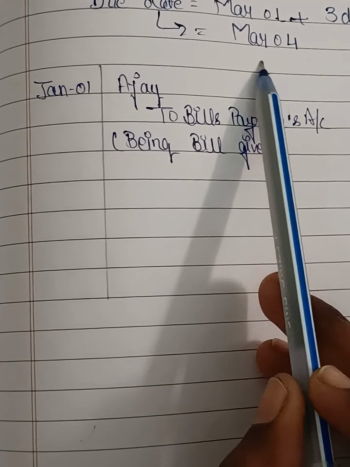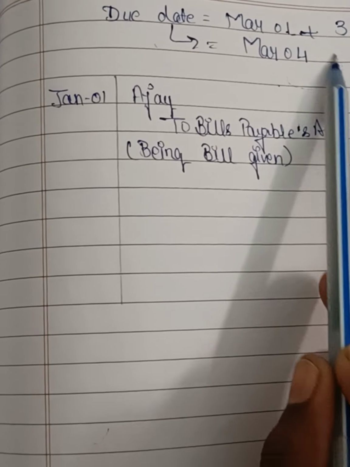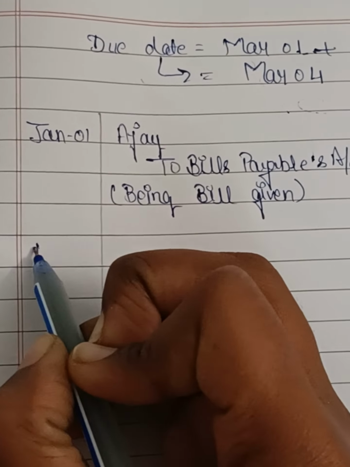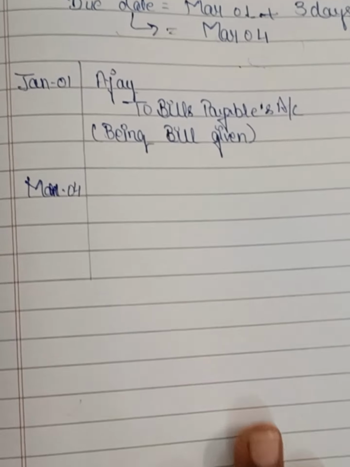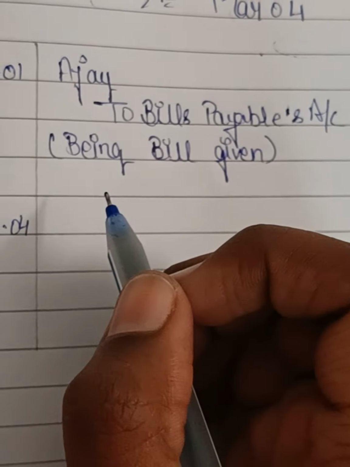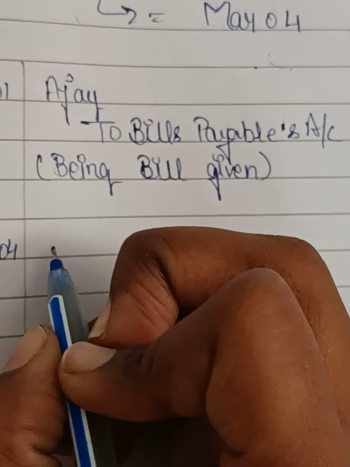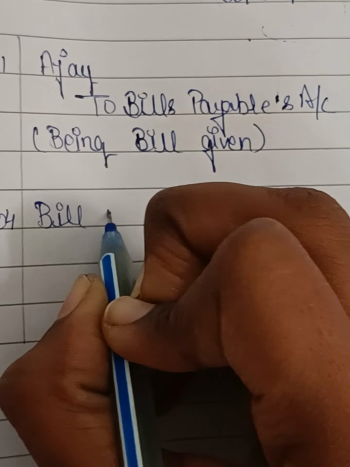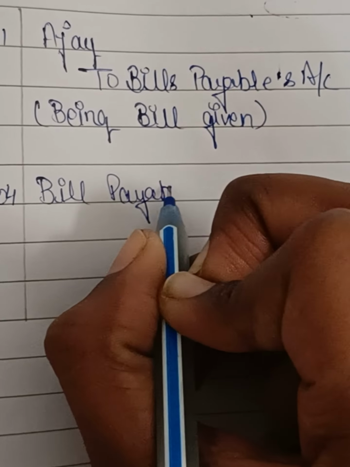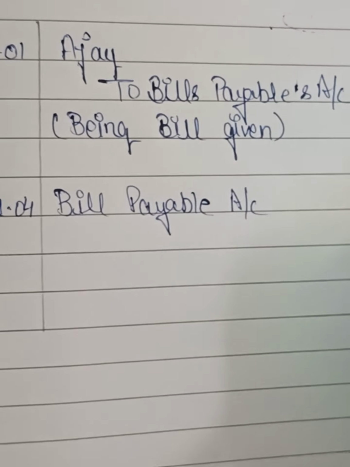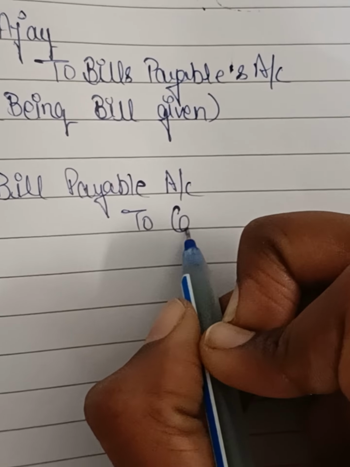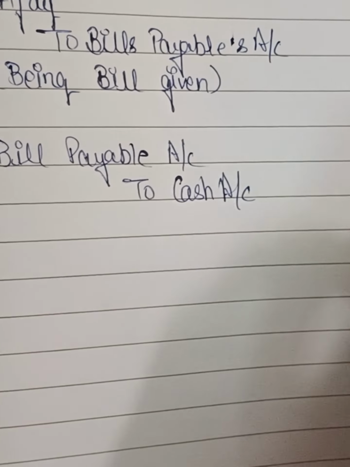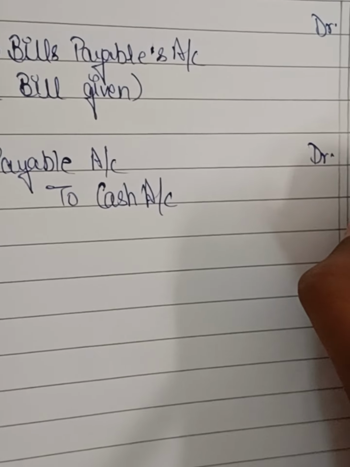Okay, what is the due date? We have found the due date. Due date is March 4. So on the due date, what he has done, he paid the amount of the bill. So the entry will be bills payable account debit to cash account, since cash is going out, so credit what goes out.